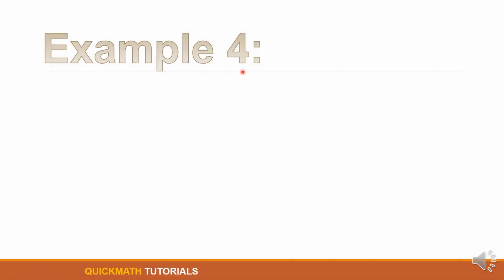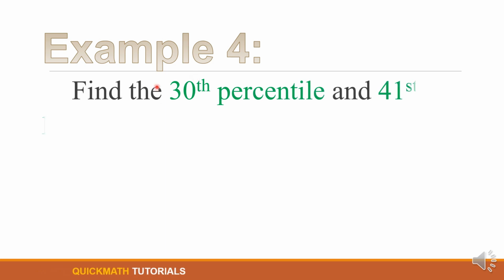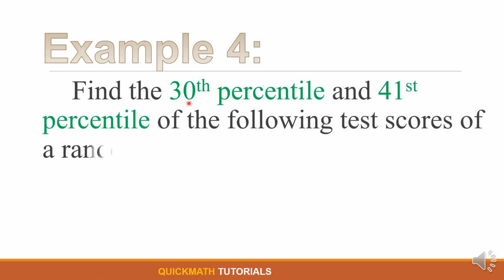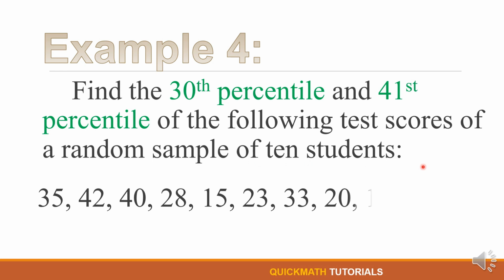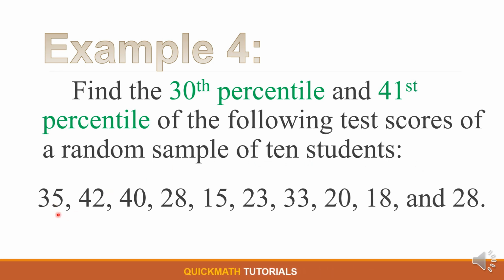For our example number 4, we will find the 30th percentile and 41st percentile of the following test scores of a random sample of 10 students. So we have 35, 42, 40, 28, 15, 23, 33, 20, 18, and 28.